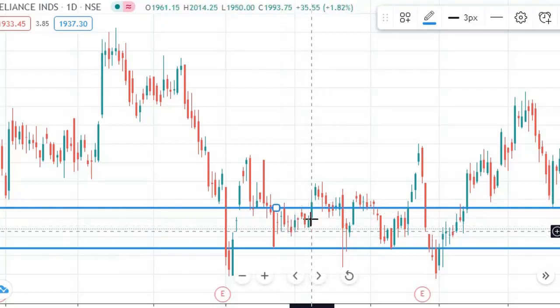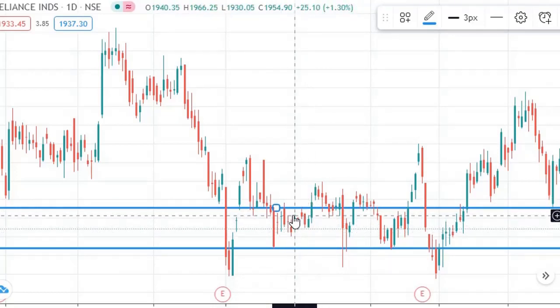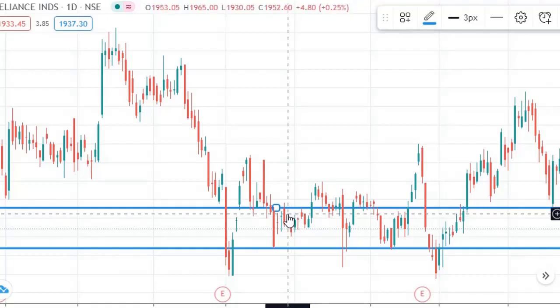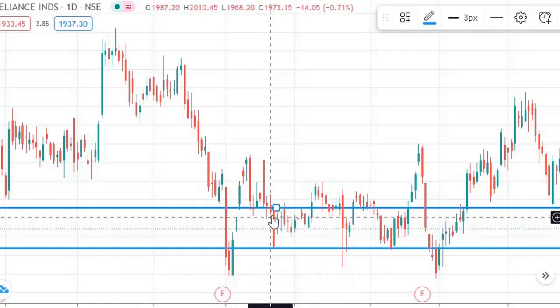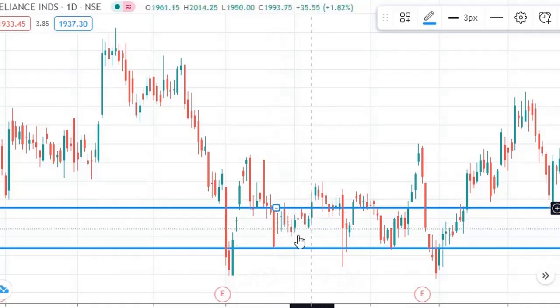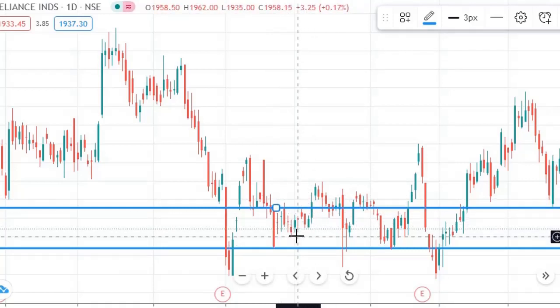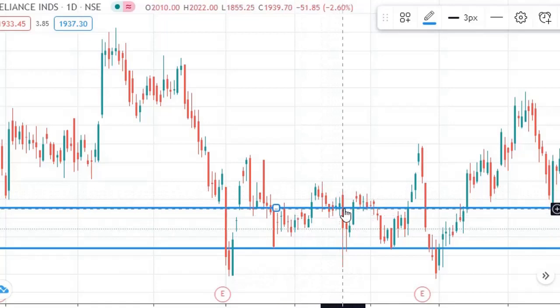So whatever happened here, we have to take a look into data, that is data analysis first, and then second volume analysis. So you will be able to tell if this red bar is going to break above or not. That is very important.